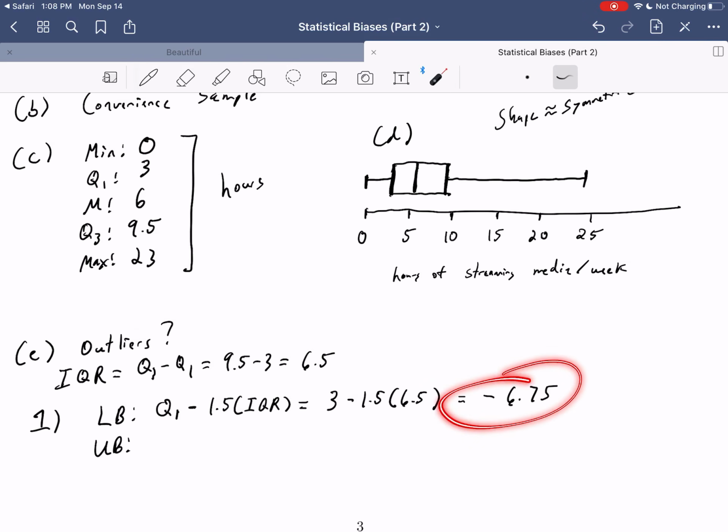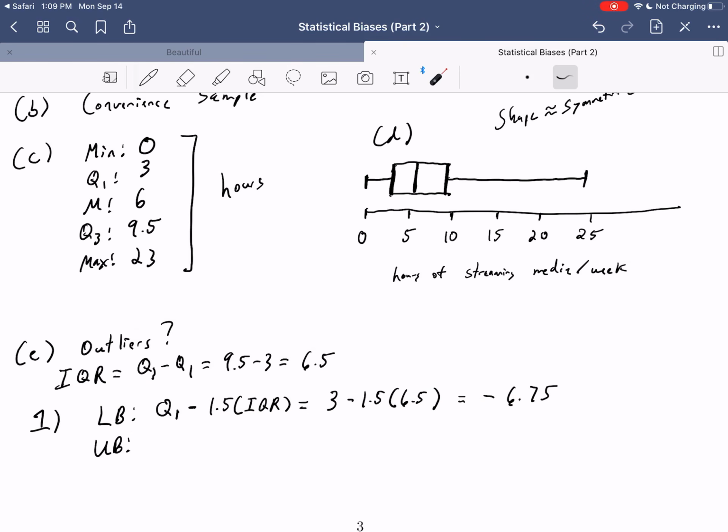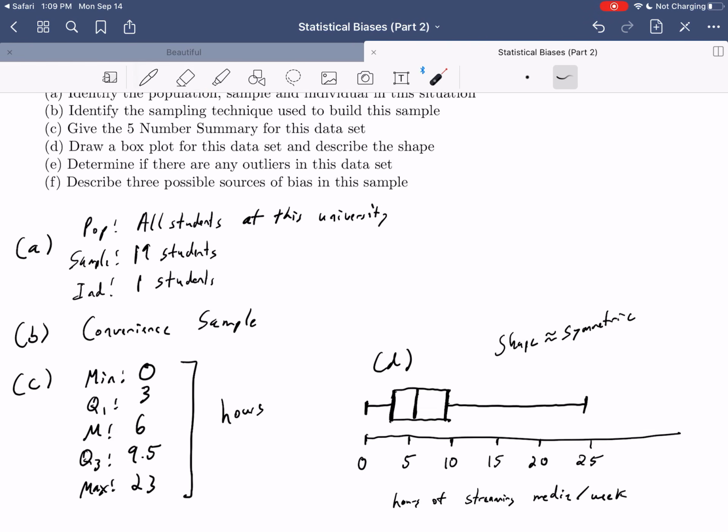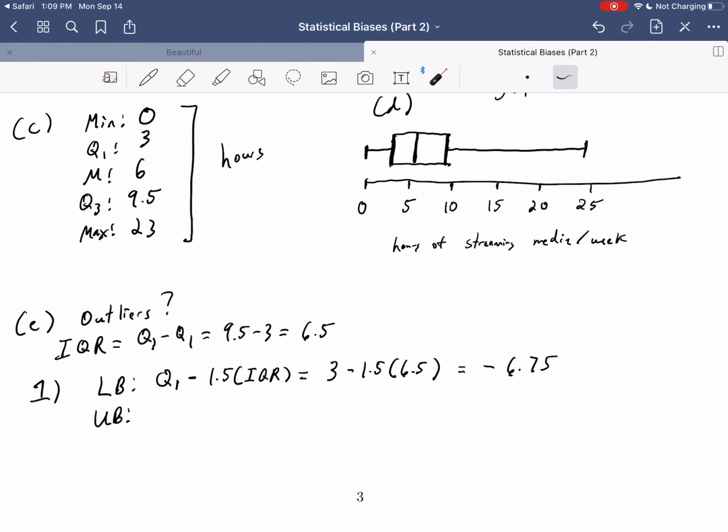Now, that might not make a lot of sense. I mean, how do we get a negative amount of time that we watch? Well, remember, the lower bound is just a bound. And since we can't have a negative value, that means there won't be any outliers on the low end. No value can be below negative 6.75, so we're not going to have any outliers on the low end, which should make sense, right? Because the people who said 0 or 1.5 hours, they're pretty close to everybody else, so they're not going to be outliers.